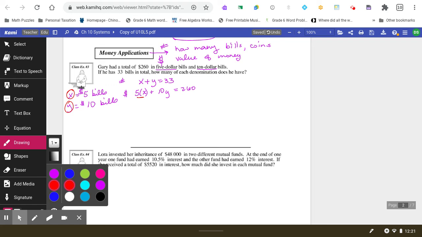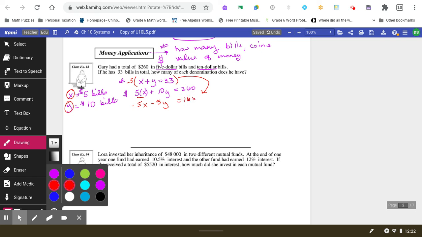You can solve it either by substitution or elimination. Because I've done substitution a few times, let's use elimination. Let's eliminate the x's. So I'm going to times this by -5 and copy it down here. 33 times 5 is 165.